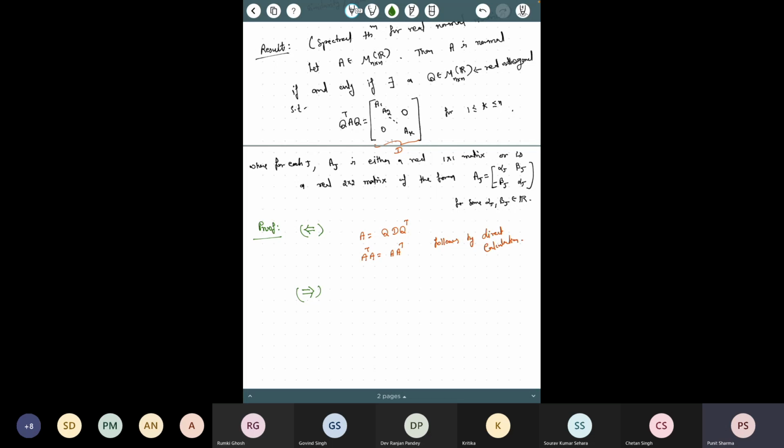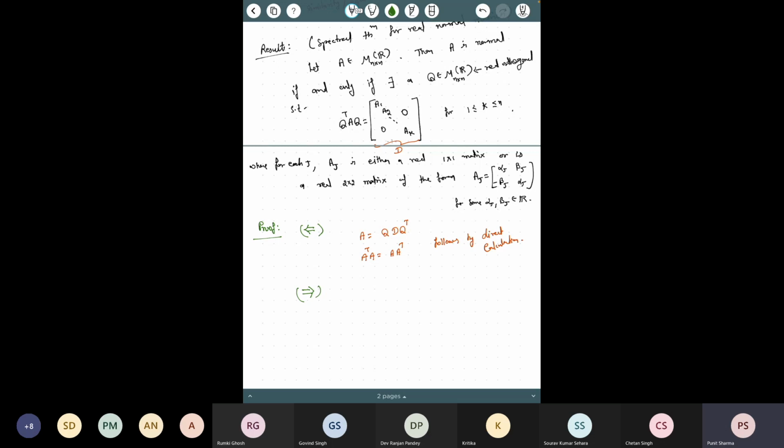There we used the complex version of Schur's lemma. Here we will use the real version. Since it is a real matrix, there exists a Q such that Q transpose AQ is block upper triangular, where the diagonal blocks are either 1 cross 1 or 2 cross 2.